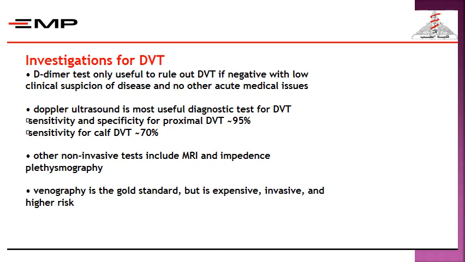Venography is the gold standard, injecting dye inside the vein with suspected thrombus and taking an X-ray picture. Venography is the gold standard, but it is expensive and invasive and carries a high risk from injecting dye, which may cause anaphylaxis.